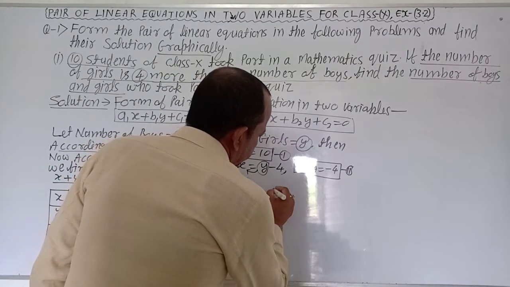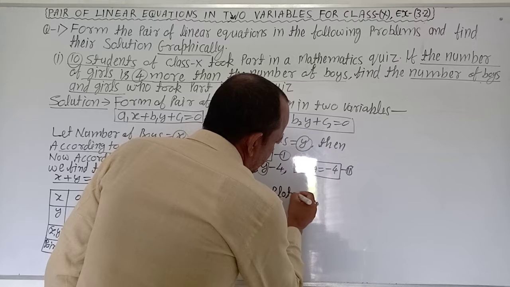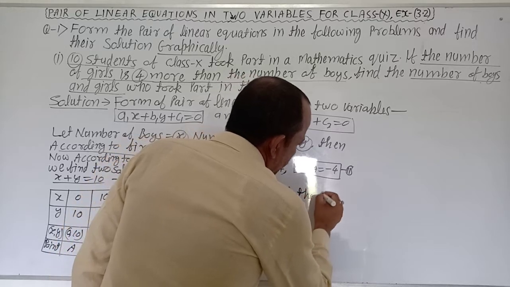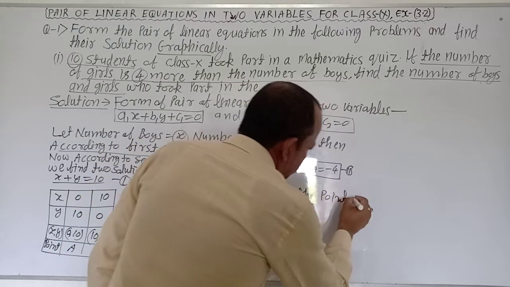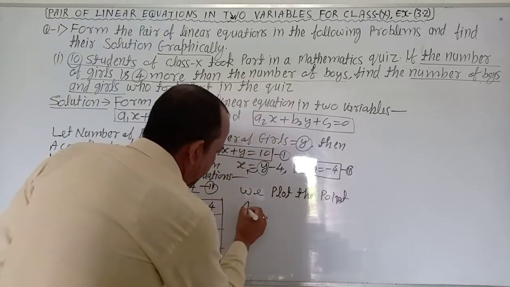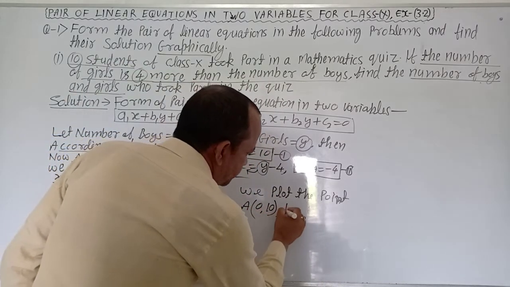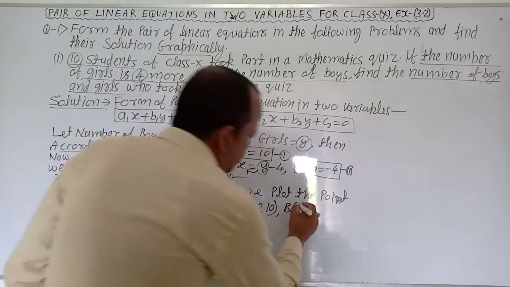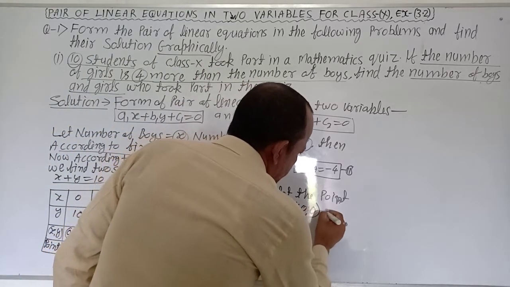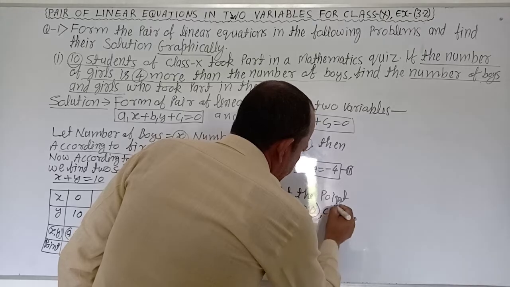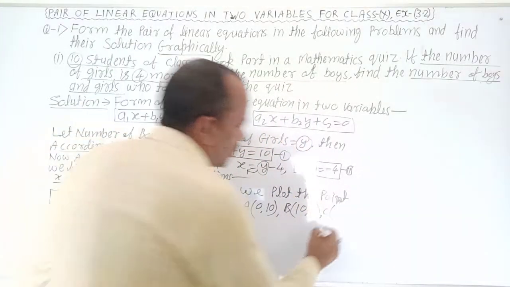We plot the points. A means 0, 10. B means 10, 0. C means 0, 4.